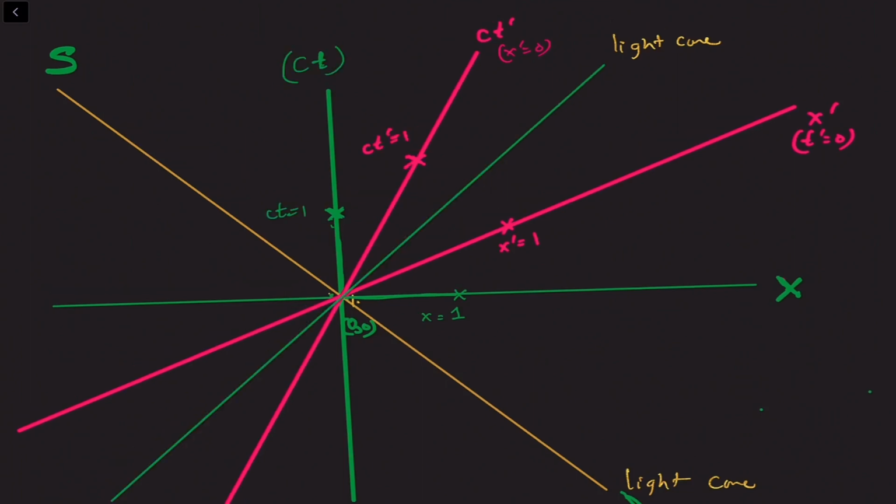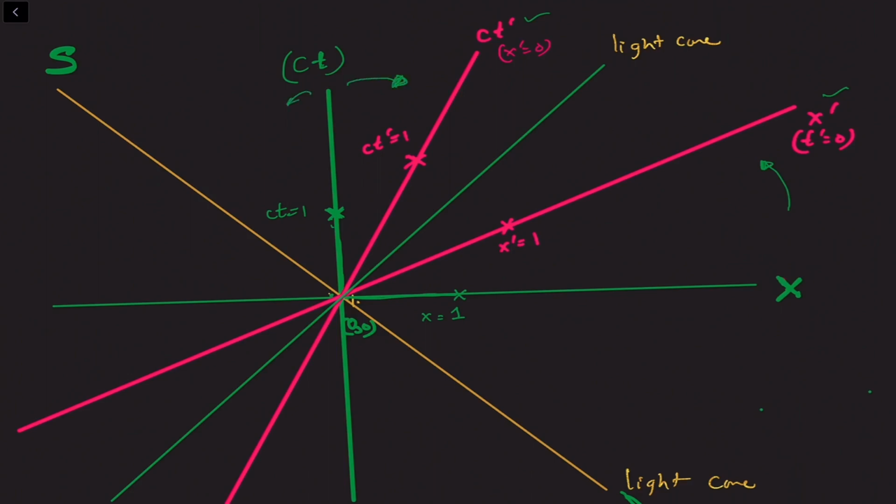So far we have seen that the axes of coordinates as seen by the primed observer, that is the x prime axis and the t prime axis, appear to be tilted with respect to the x and t axes, and they also appear to be squeezed, that is the x prime axis is tilted this way, but the t prime axis is not tilted this way, it's rather tilted this way.